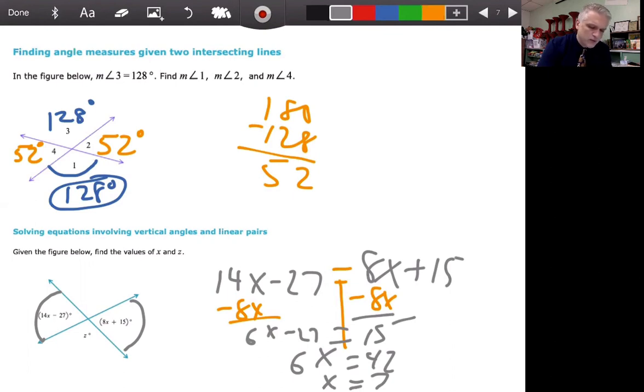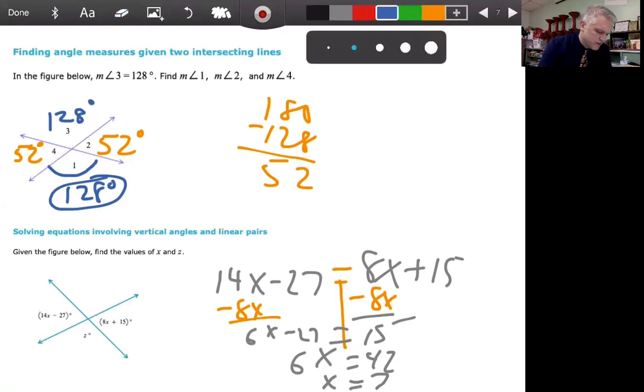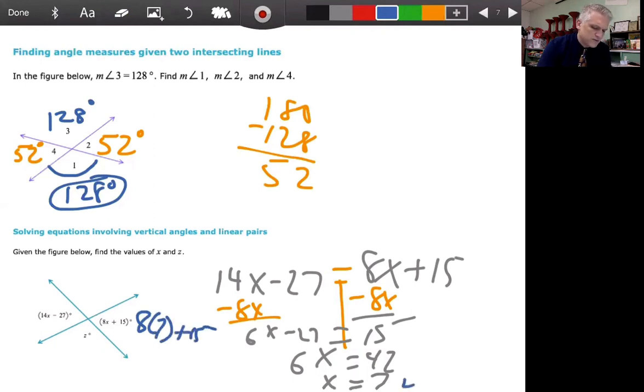That's half of my question. So how do I find z? Well, I know that this angle and z form a linear pair, so they add up to 180. How big is 8x plus 15? Well, 8x plus 15 is 8 times 7 plus 15, because x is 7. 8 times 7 is 56. 56 plus 15 is 71 degrees.